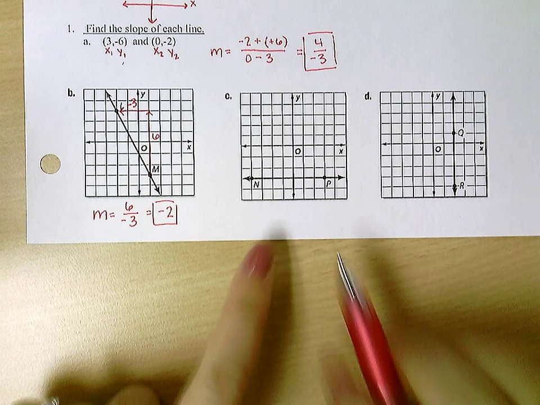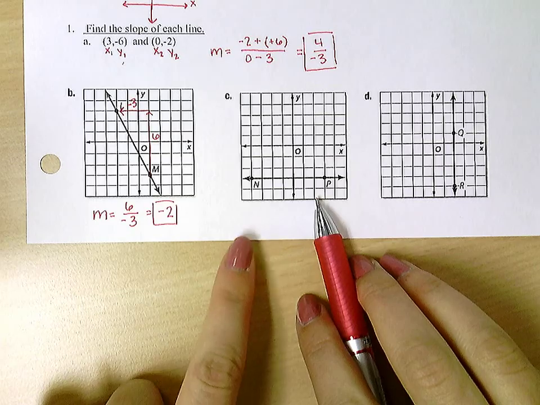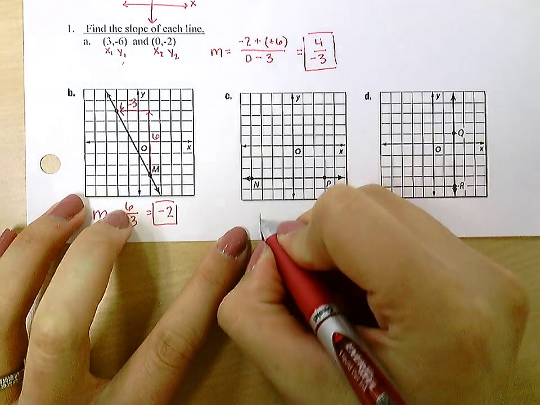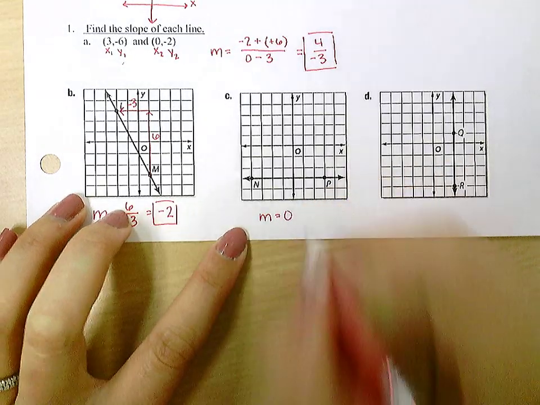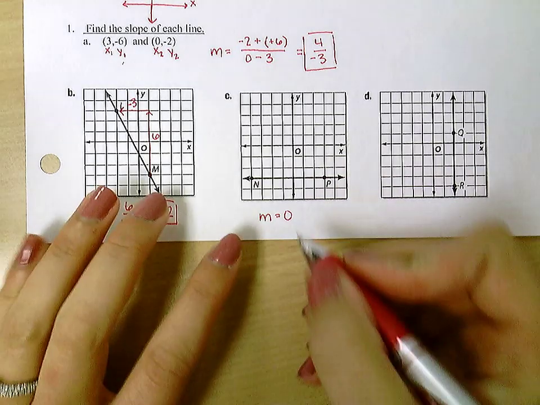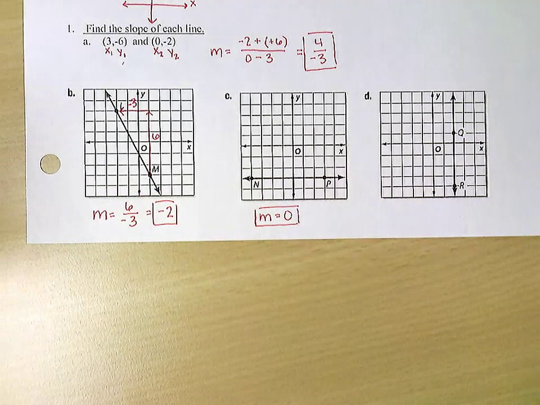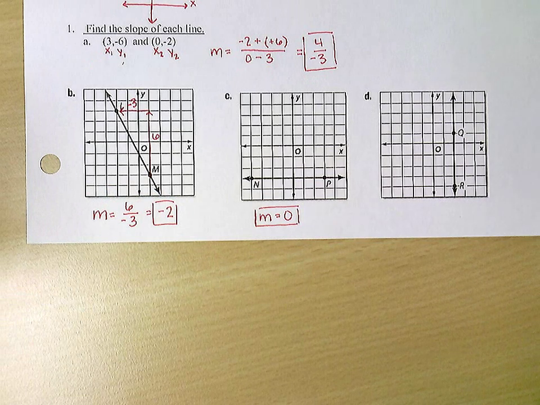Okay, so if I have a horizontal line, what's your slope? 0. Okay, so my slope would be equal to 0. Now what if I said I wanted you to find the equation of this line? If it's horizontal, is it y equals or x equals?